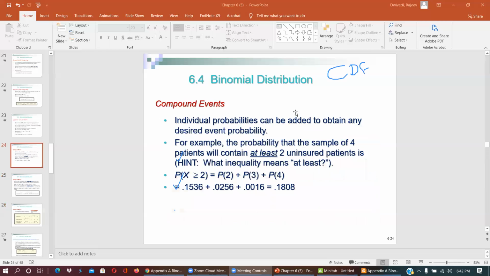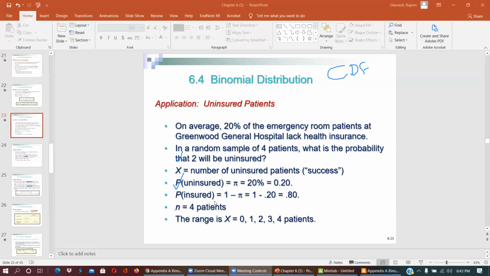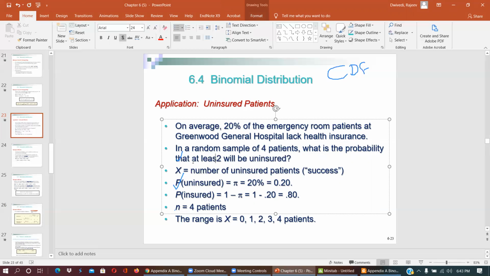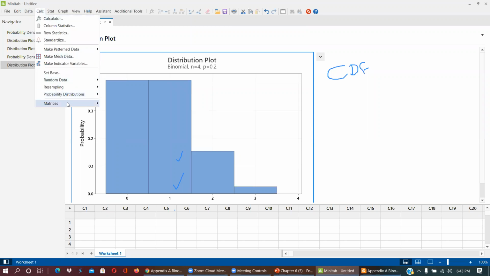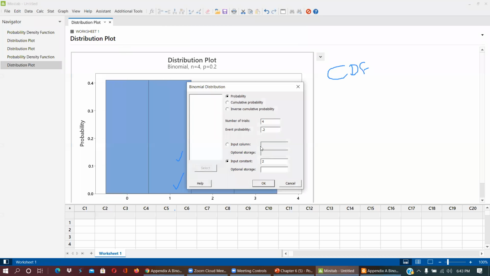Now I'm going back to the question. What is the probability that at least 2 will be uninsured? I have to do this because at least 2 will be uninsured.